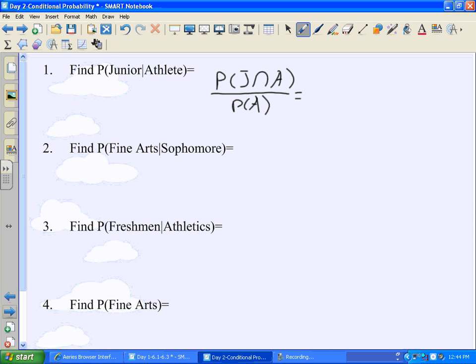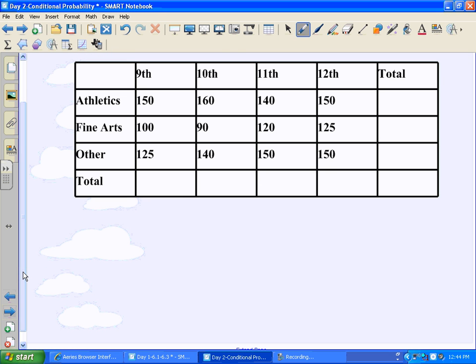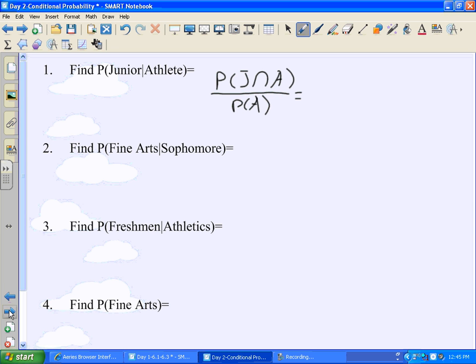Again, the way I tend to look at probability is try to think about what's happening and what I know. Find the probability that you're a junior if you're an athlete, or given that you're an athlete. Here's the catch. I want to know the probability that you're junior if you're an athlete. I'm not talking about all the students in school here. I'm talking about athletes and juniors.